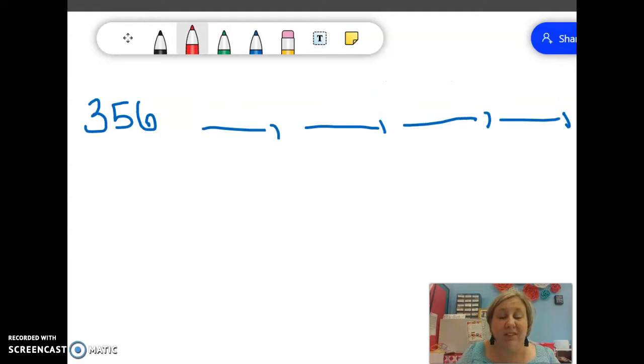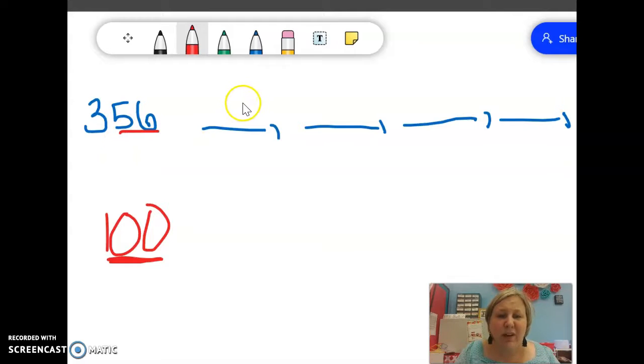Okay, I want us to skip count by hundreds starting at 356. And we need to fill in the blanks for what comes next. Remember, if I'm skip counting by hundreds, I have 2 zeros, a 0 in the tens and a 0 in the ones, which means 2 numbers are going to stay the same, my tens and ones.